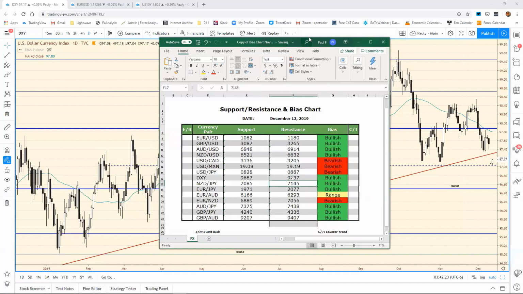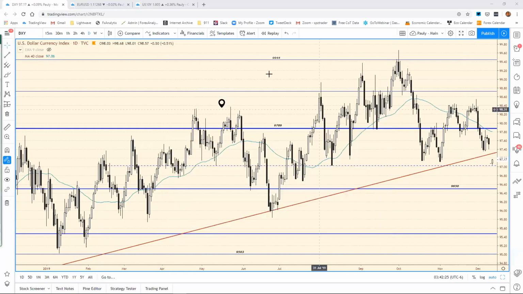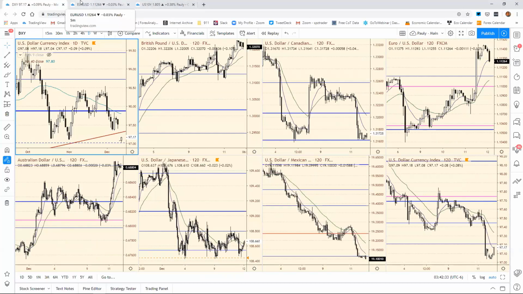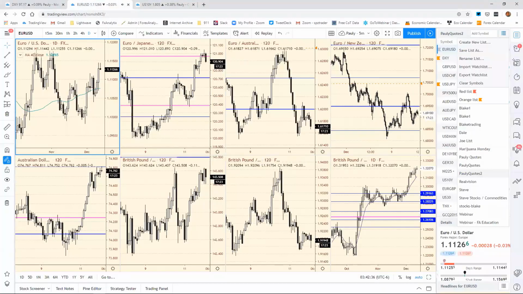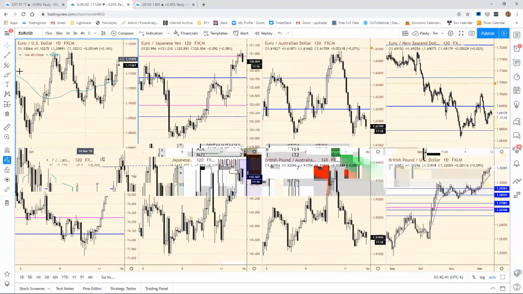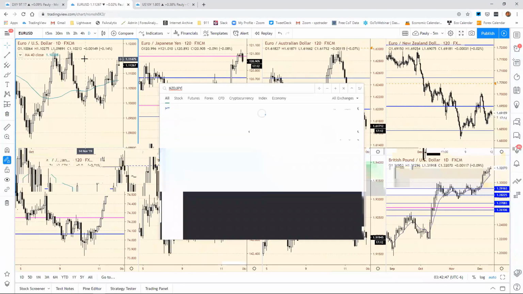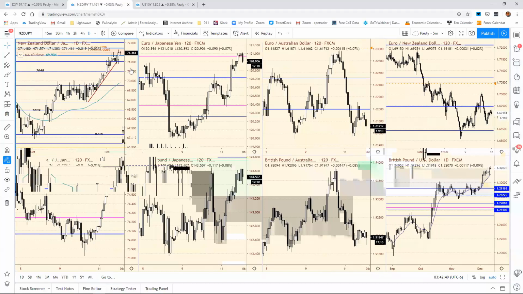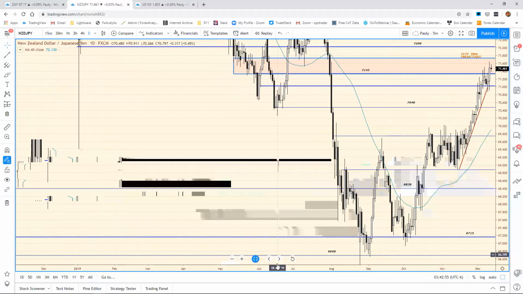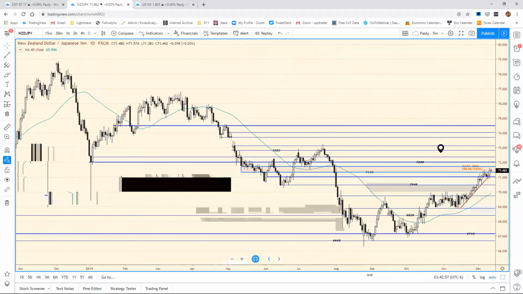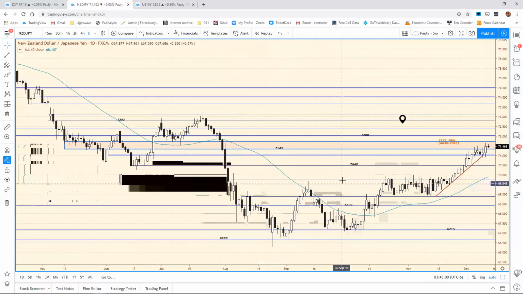And we'll go and move into the cross rates now. Well, we're into the zone here with the Kiwi yen.